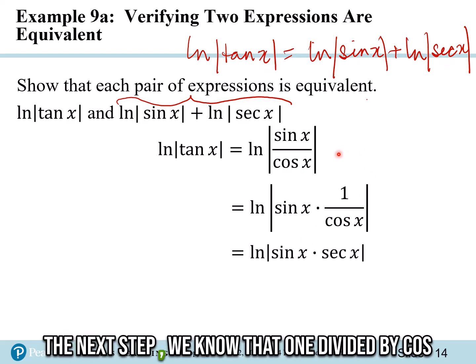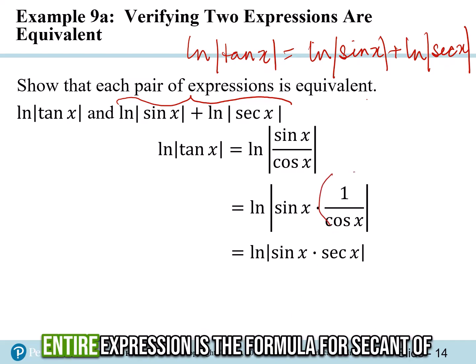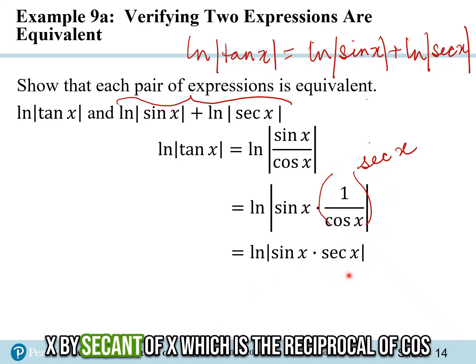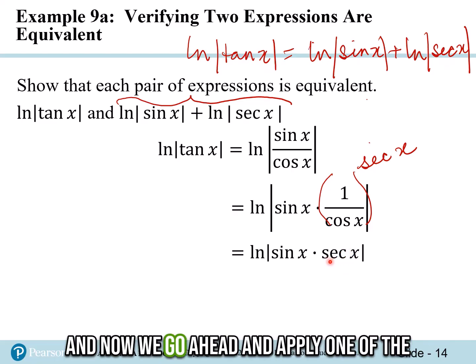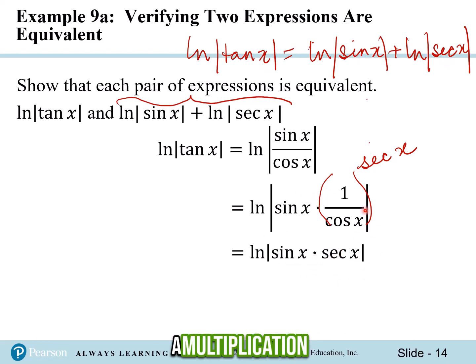The next step, we know that 1 divided by cos of x is equal to secant of x, correct? This entire expression is the formula for secant of x. Therefore, we replace 1 divided by cos of x by secant of x, which is the reciprocal of cos. And now we go ahead and apply one of the properties of logarithms where we can rewrite a multiplication.